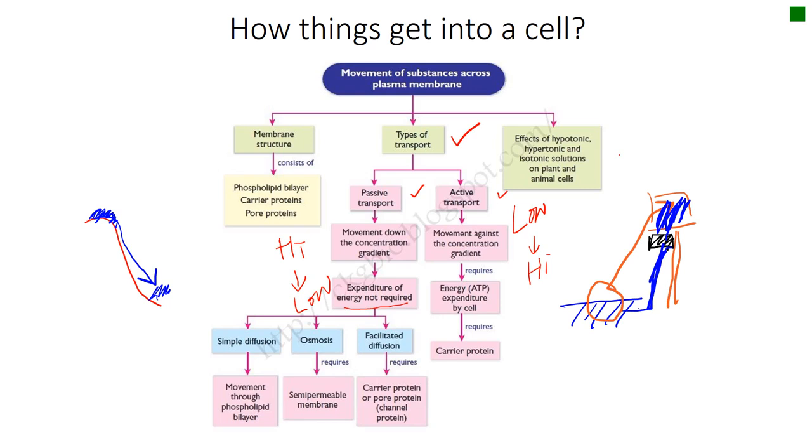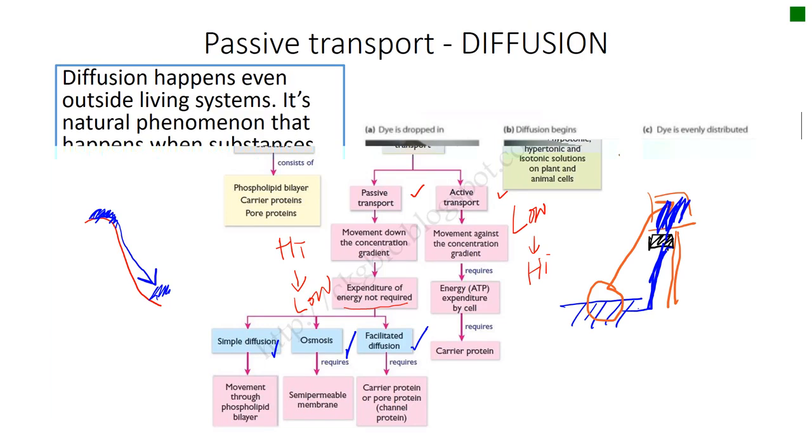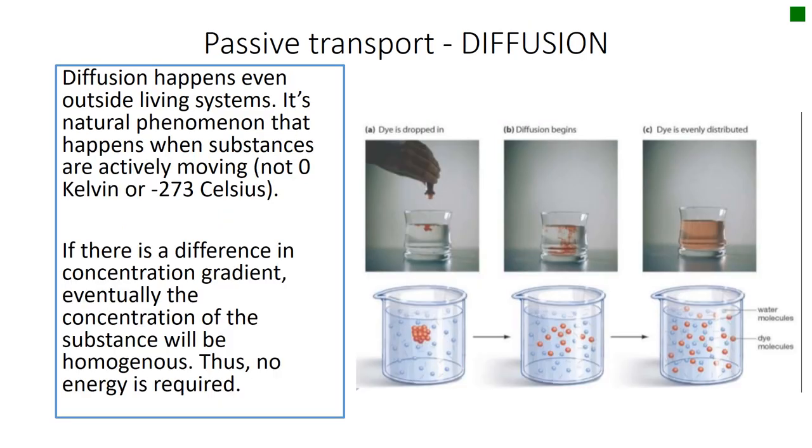Passive transport consists of three types: simple diffusion, osmosis, and facilitated diffusion. We will see the types of passive transport one by one after this. It is important for you to know that passive transport does not only happen in living systems.